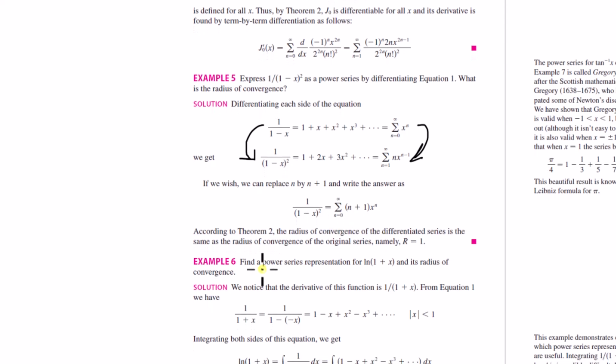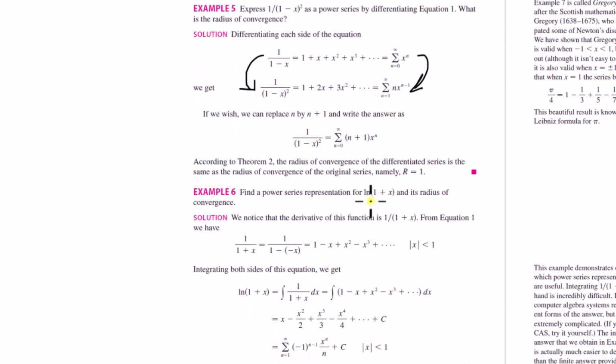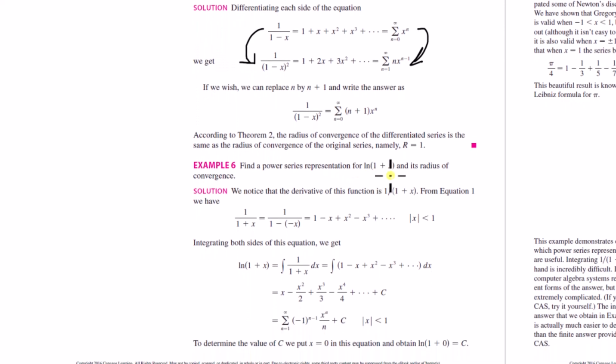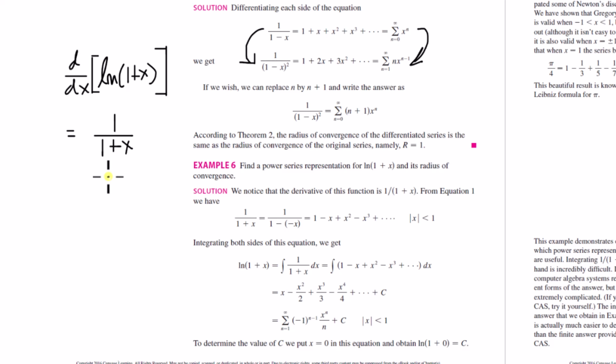Okay. Find a power series representation for the natural log of 1 plus x. So, okay, what is the derivative of the natural log of 1 plus x? Okay, now, what is this?